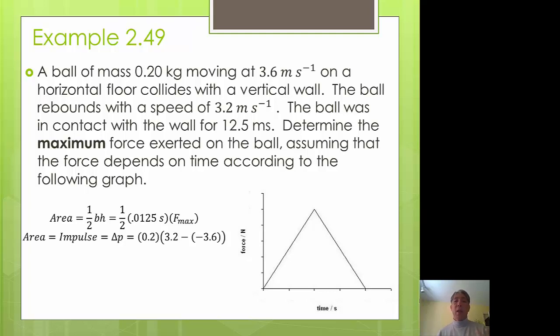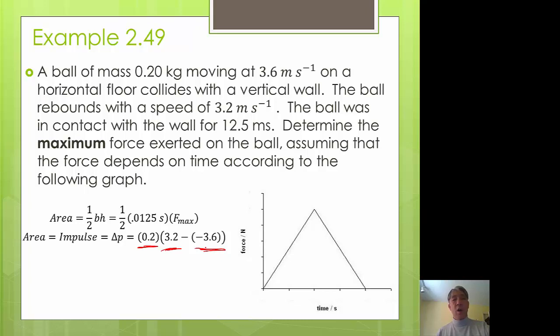times F max. And I also know impulse is the change in my momentum. So I start with final minus initial, calling away from the wall positive. I have the mass of 0.2 kilograms, times the velocity away, positive, minus, and here's the vector nature of my velocity, remember, the negative 3.6 as I'm moving towards the wall.